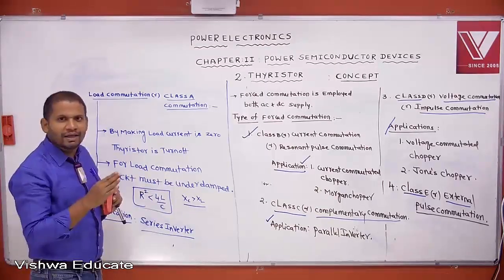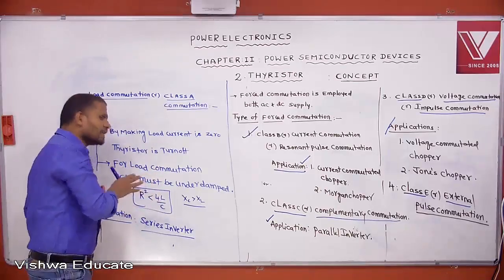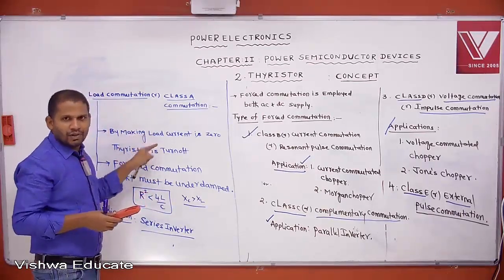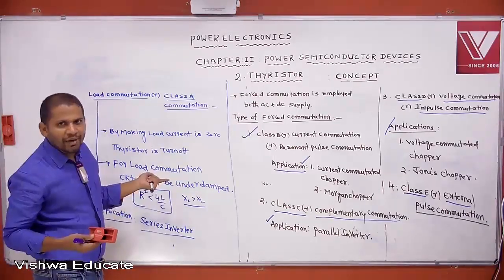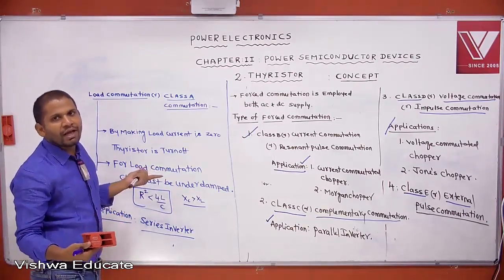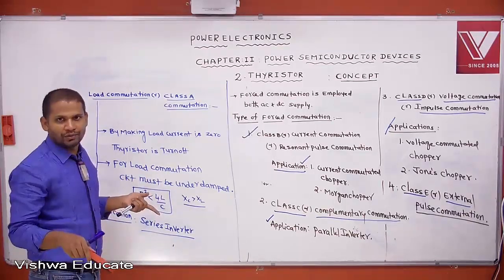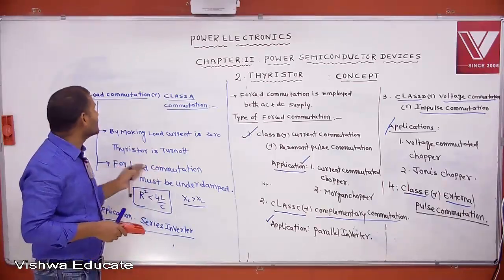If it is an underdamped circuit, then based on the L and C elements, at a particular instant the current becomes 0. Once the current becomes 0, the thyristor is also turned off. How it happens, you will see in the detailed discussion later.